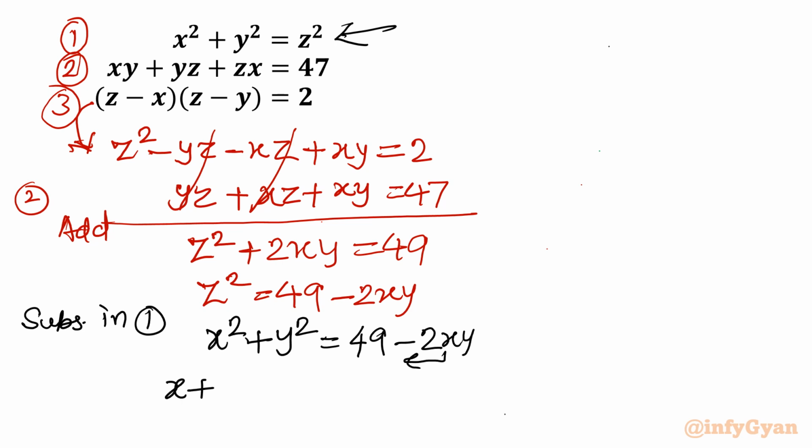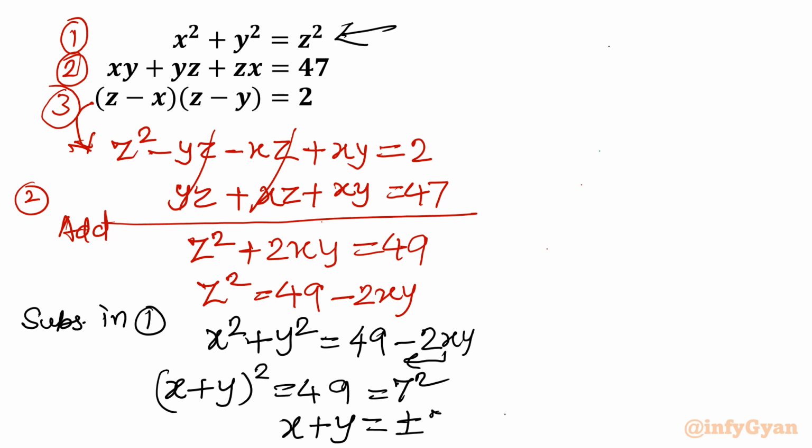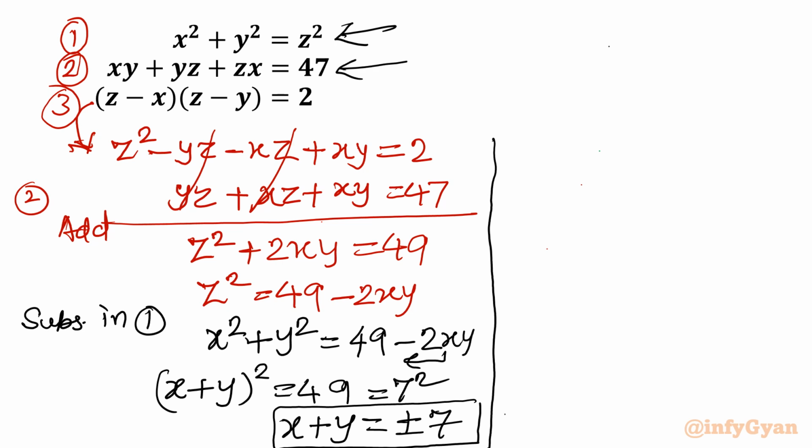So it becomes (x + y)² = 49. It is a perfect square, which is 7². Once I take the square root, I get x + y = ±7. Done. Now this x + y = ±7, I will substitute in equation number 2.